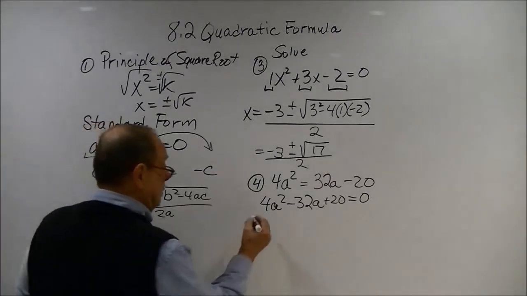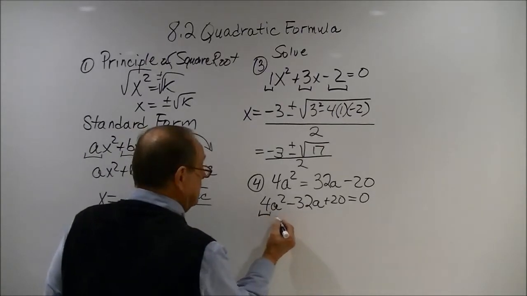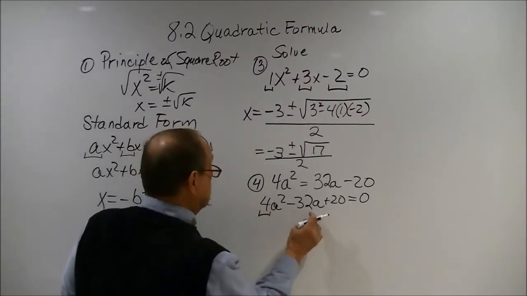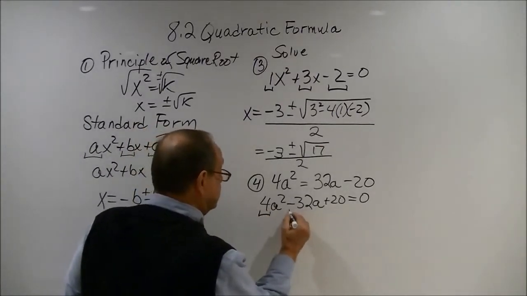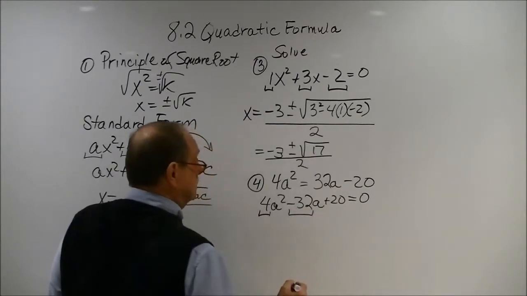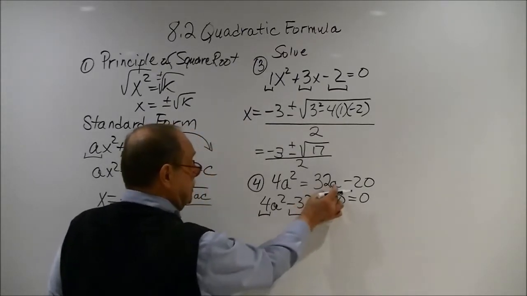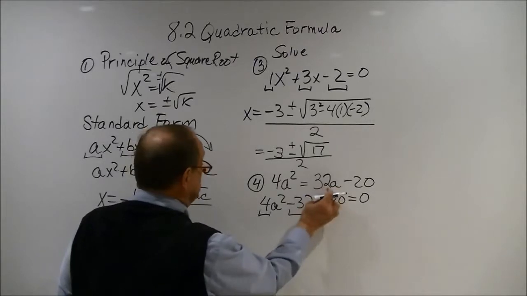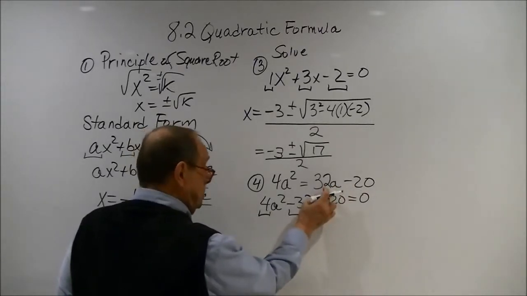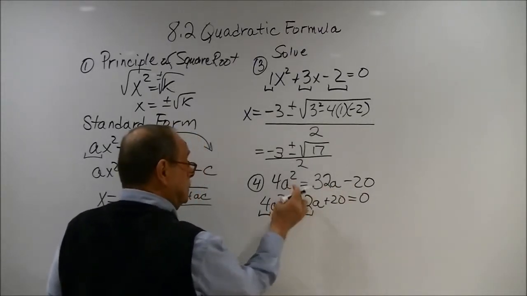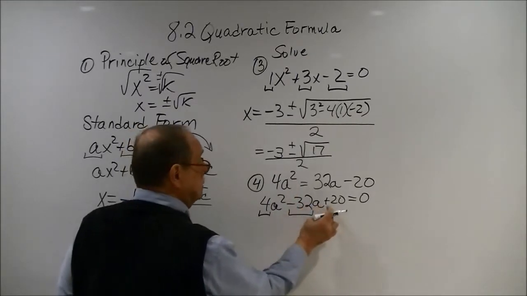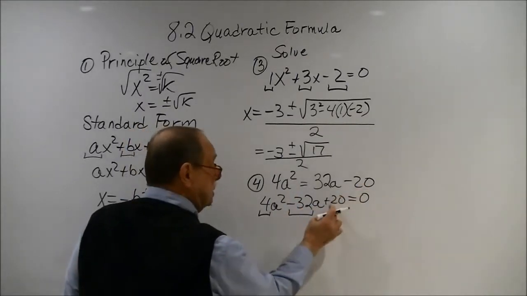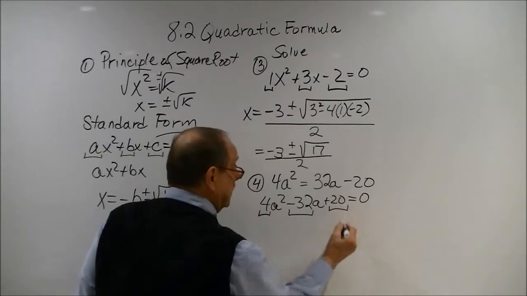Now, again, we'll identify the A as 4, the B as a negative 32, and see over here, if you thought that was the B, no. B, when it's in standard form, is a negative 32, and our C term is a positive 20.